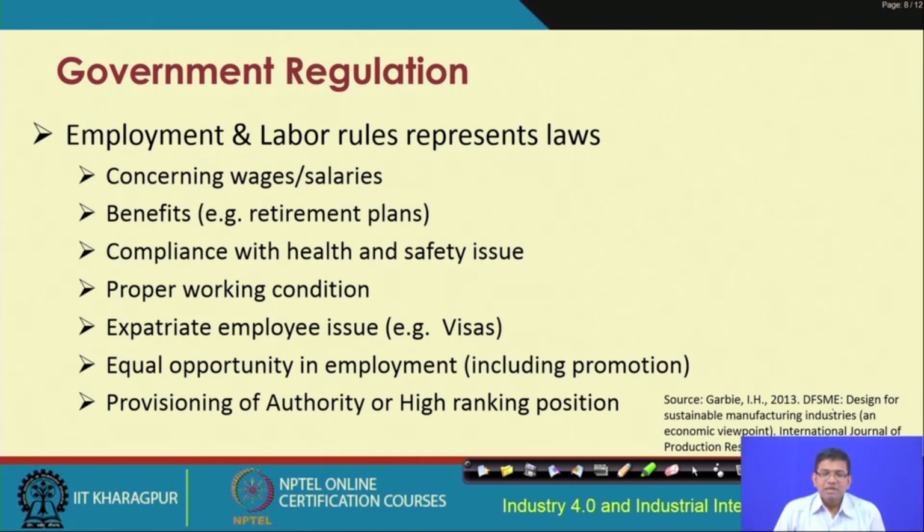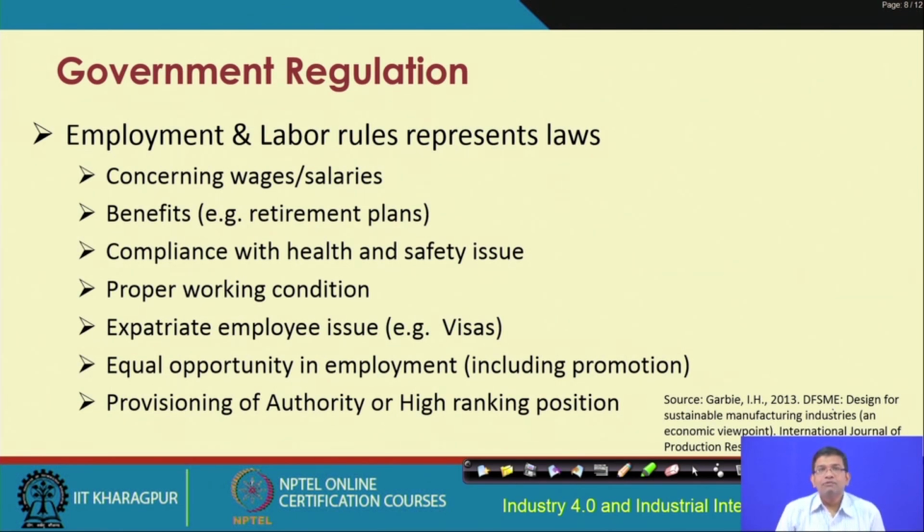So, basically the employment and labor rules represent laws concerning wages and salaries, things such as benefits to the workers in terms of retirement plans, compliance with health and safety issues, proper working conditions, issues of expatriate employees such as visas and so on, equal opportunity in employment in terms of promotion and consideration of all workers from different ethnicity on an equal platform, provisioning of authority or higher ranking position.